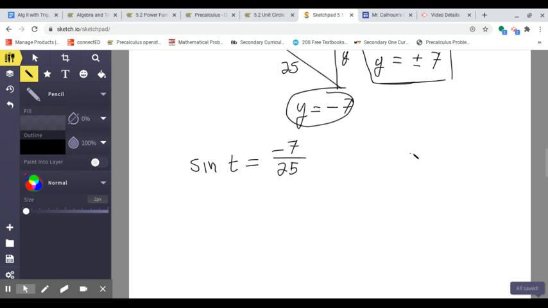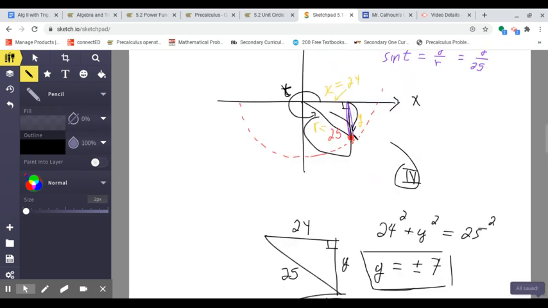Because we know that sine of any angle, when we're talking about a point on a circle that's at the origin, is always equal to the y value over the radius, right? And in this case, what is our y value? Well, it's -7, and the radius is 25.